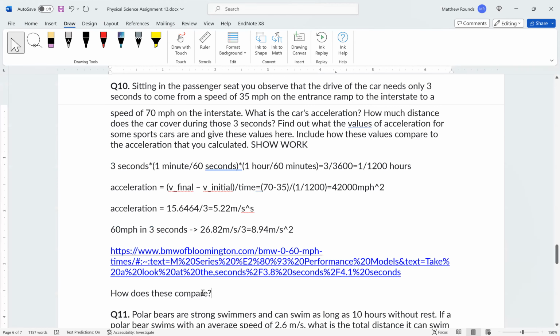So give me one sentence for that, please. How do these compare? Well, this is the BMW, and then this is the scenario and the problems. So which is faster? I think the BMW. Yes.